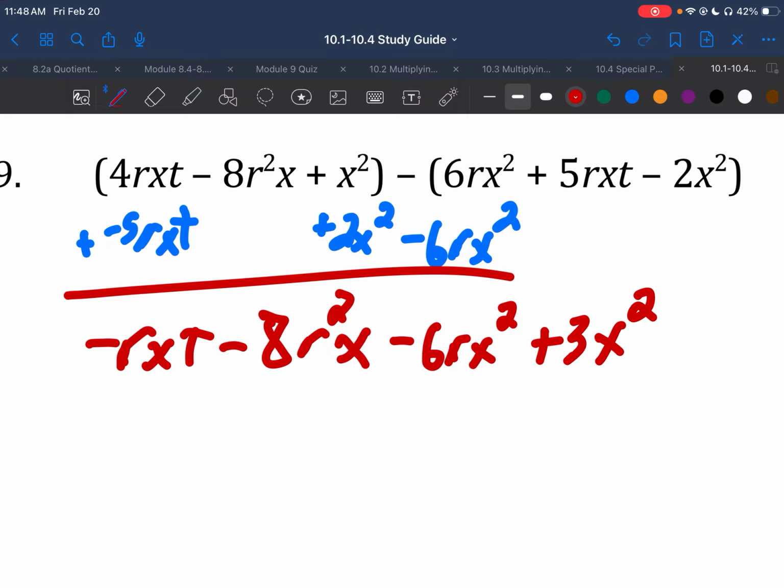Why does the rx squared come first? Because it's got a degree of 3. So if you'll notice, you have a degree of 3 here, a degree of 3 here, and a degree of 3 here. So the order of those 3 terms do not matter, but this term has a degree of 2, so it does need to come last.